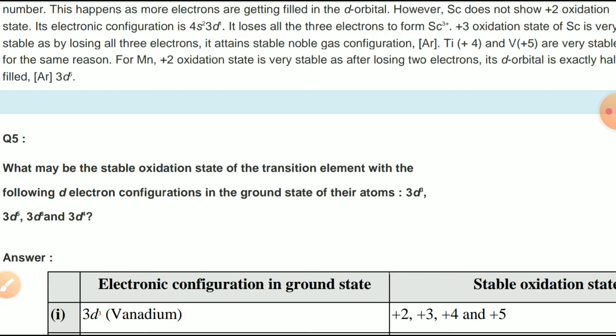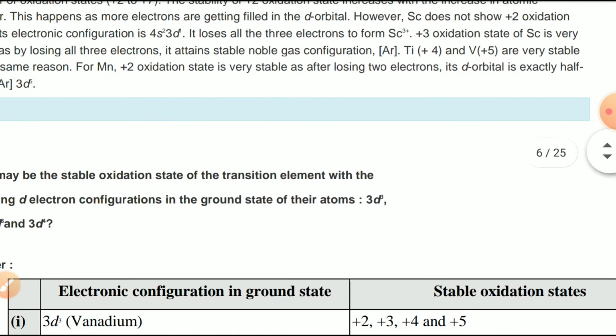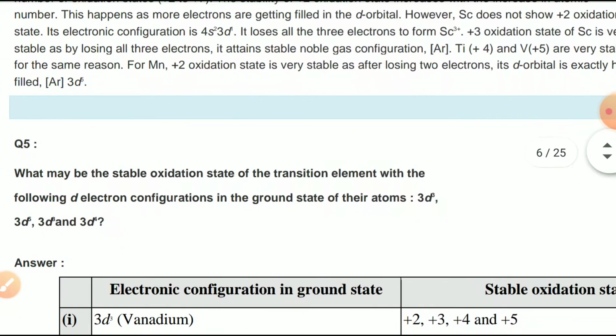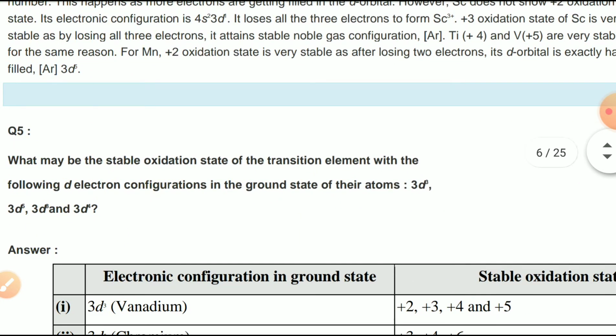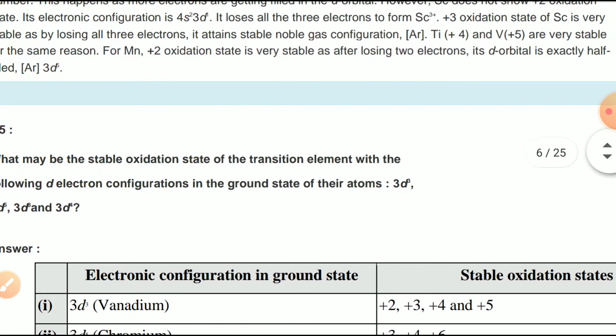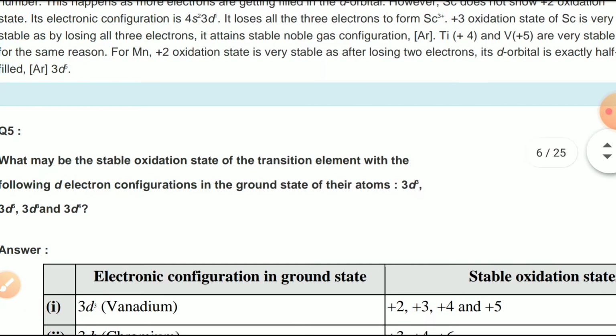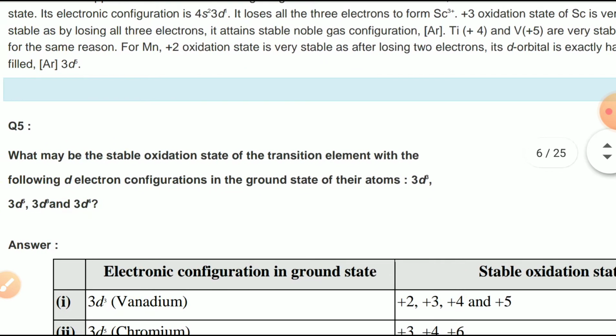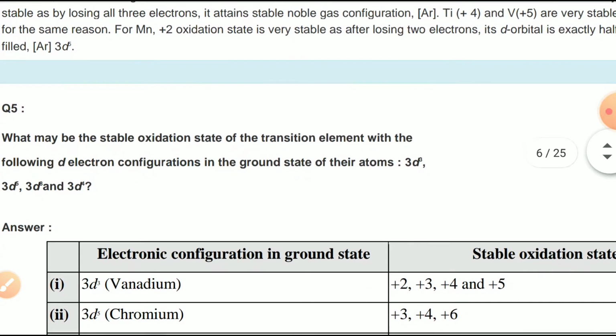So titanium 4+ and vanadium 5+ are very stable for the same reason. For manganese 2+, the oxidation state is very stable as after losing 2 electrons, its d orbital is exactly half filled, that is Ar 3d5.